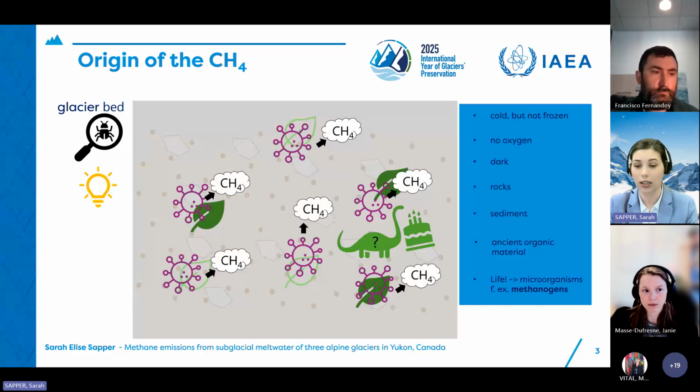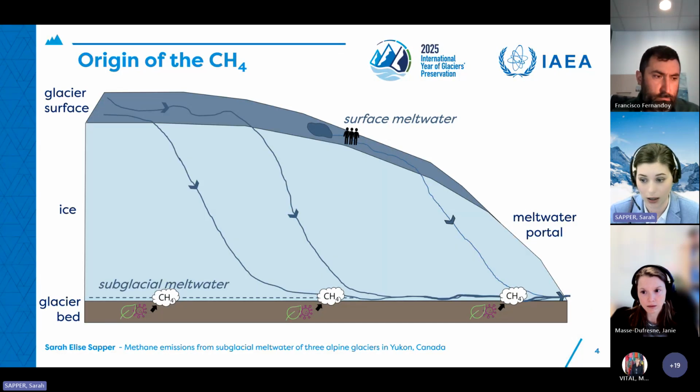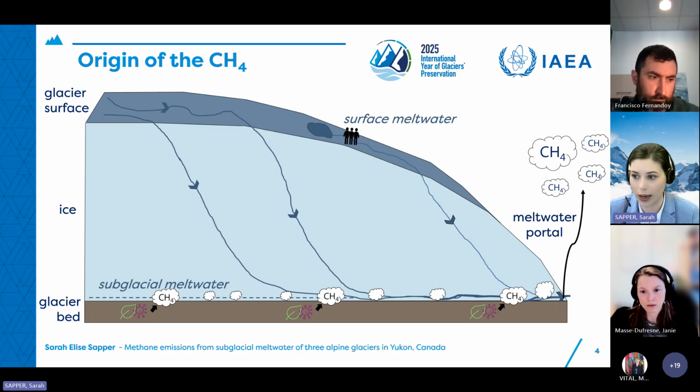These methanogens use the organic material to produce energy, and the byproduct of this process is methane. Most or a lot of this methane doesn't stay at the glacier bed, but gets dissolved into the meltwater flowing along the glacier, transported to the margin of the glacier, from where it then very quickly degasses to the atmosphere. Very quickly because the concentrations can be so high.